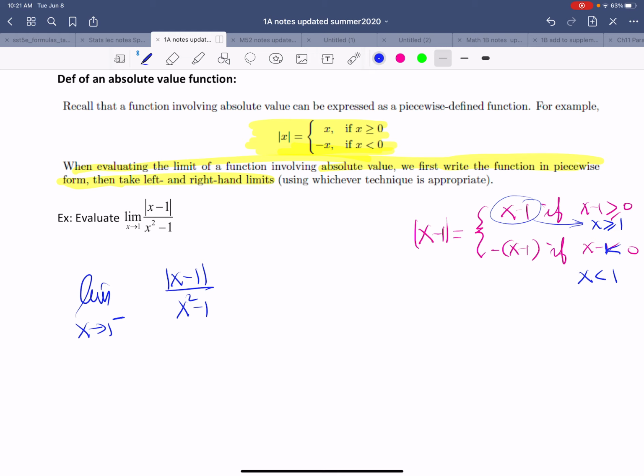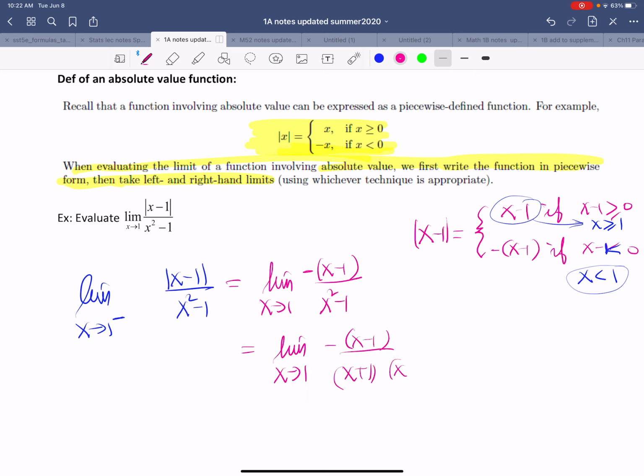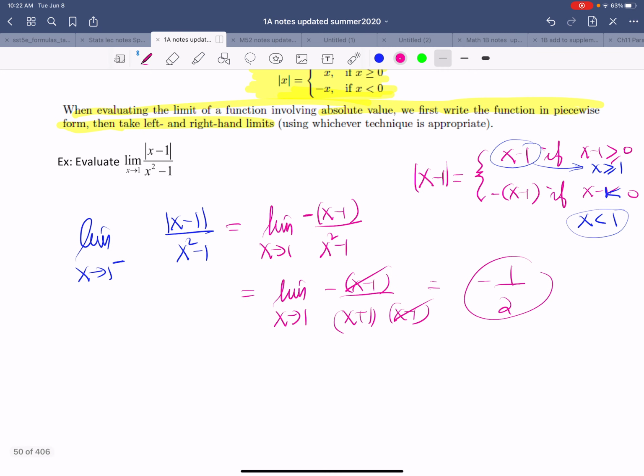We are coming from the left side of 1, so the absolute value of x minus 1 would be negative x minus 1. That gives the limit as x approaches 1 of negative x minus 1 over x plus 1 times x minus 1. These cancel, and we're left with negative 1/2.